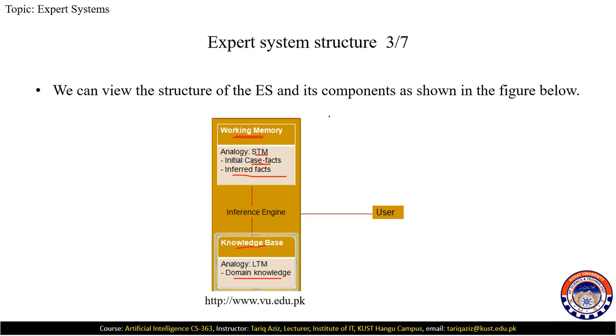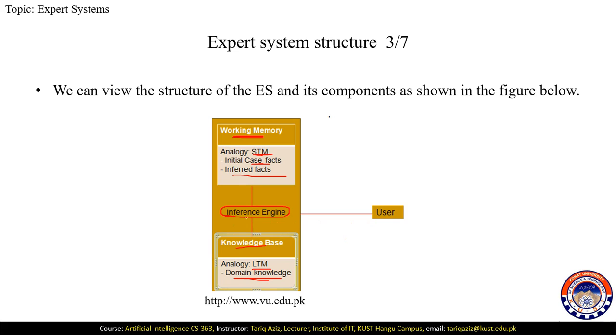So the working memory is also known as the short term memory of the expert system, while the domain knowledge or the knowledge base is also known as the long term memory of the expert system. The inference engine is here in between working memory and knowledge base.